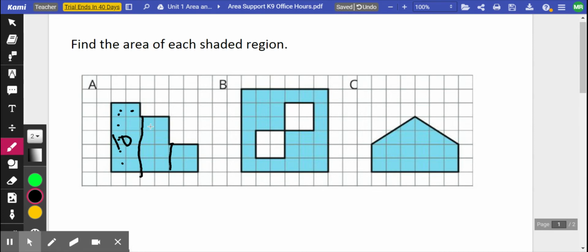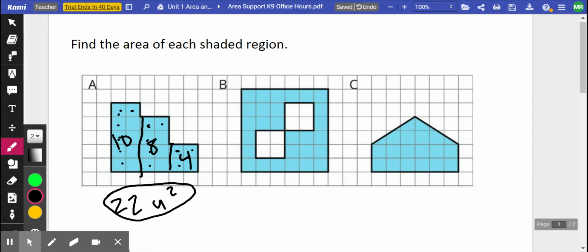This middle rectangle is 2 units by 4 units, and 2 times 4 is 8. And this short rectangle is 2 units by 2 units. 2 times 2 is 4. 10 plus 8 is 18, and 18 plus 4 is 22. So the area of figure A is 22 square units.